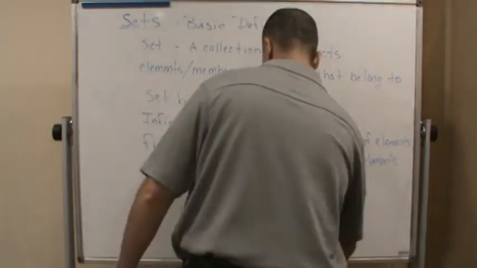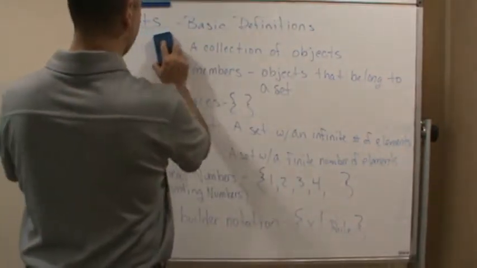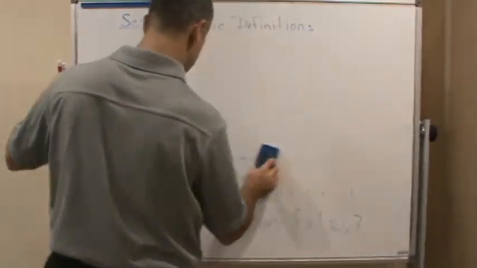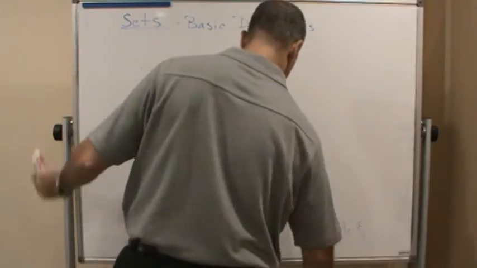Okay? So, what's an example of set builder notation that we could use?